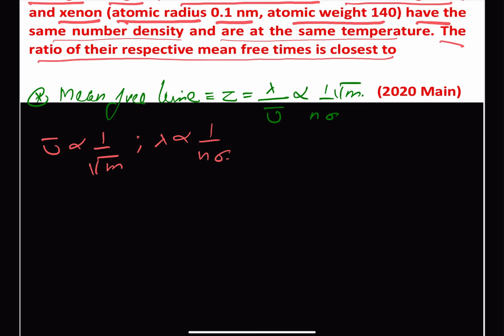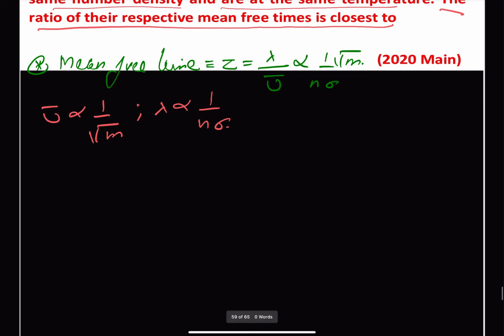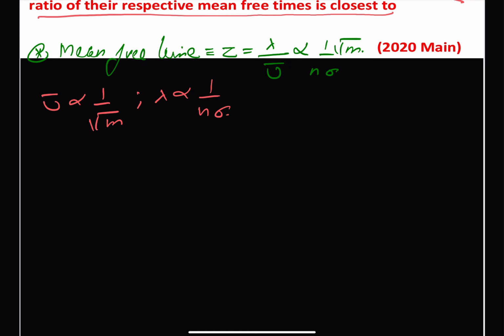We are given the same number density, so the value of n is the same, and our temperature is also the same.